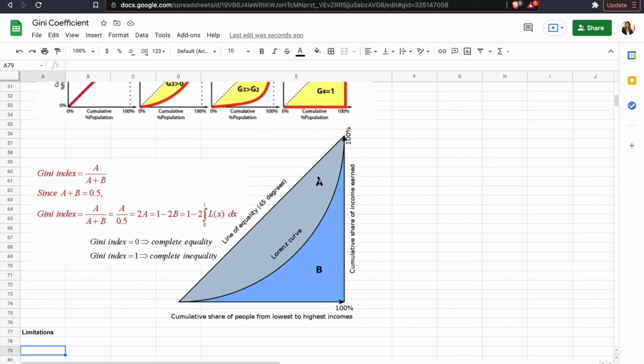The line at 45 degrees represents the perfect equality of incomes, and then the Gini coefficient is the ratio between area A, which is the area between the line of equality and the Lorenz curve, and the total area under the line of equality, which is 0.5. This is expressed here.